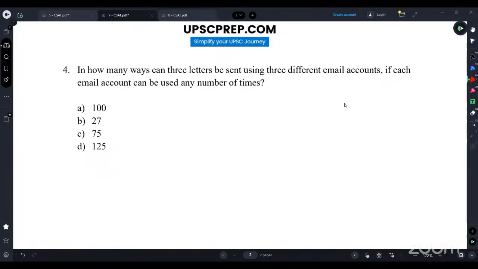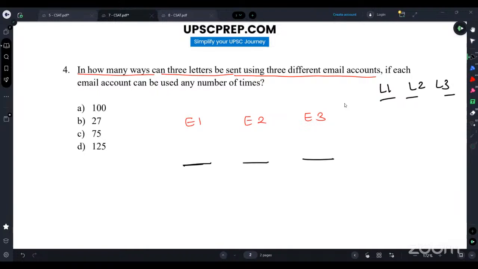So see, guys, in how many ways can 3 letters be sent using 3 different email accounts? Let's say this is email account E1, this is email account E2, and this is email account E3, and you have 3 letters, L1, L2, L3. Now in how many ways can you send these 3 letters with these 3 email accounts? If I talk about the first email account, how many letters can you send with it at maximum?